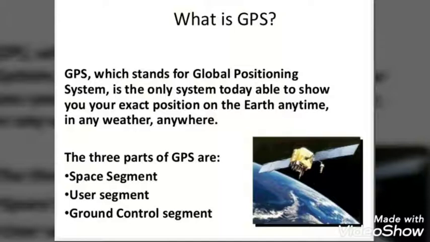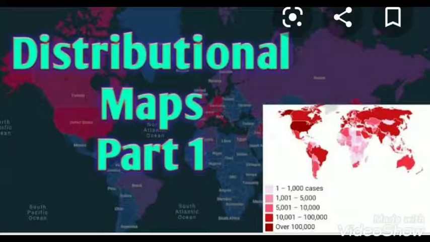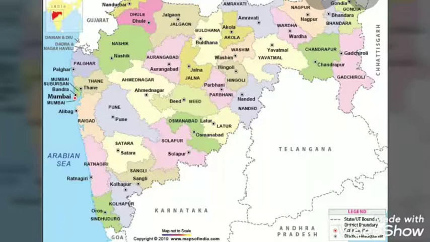So, students, let's start with our first chapter of 9th standard, that is distributional map. Students, you had studied district, state and country maps in the earlier classes in geography. First, let us revise the definition of a map.